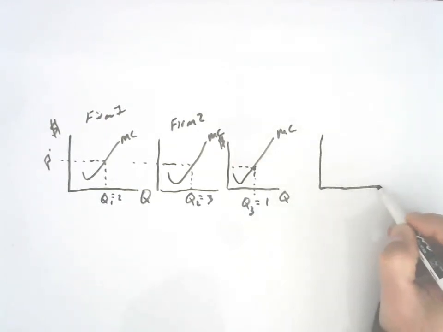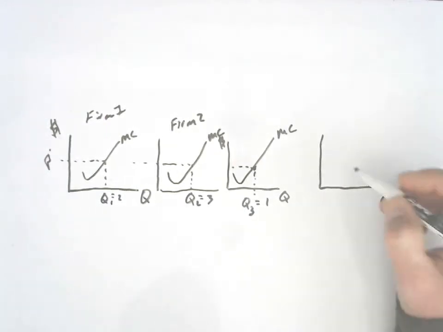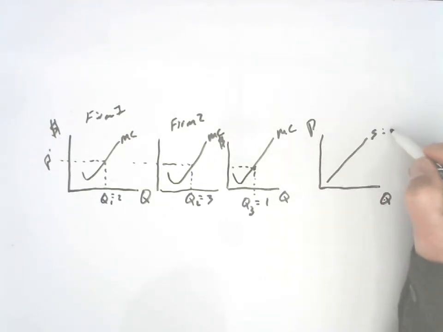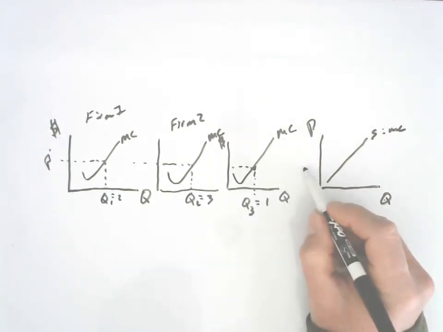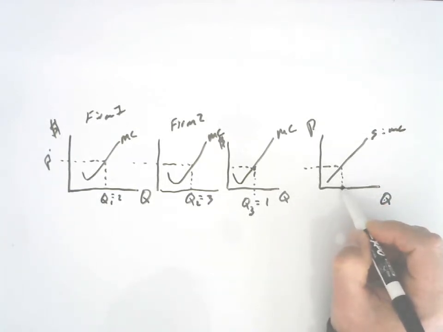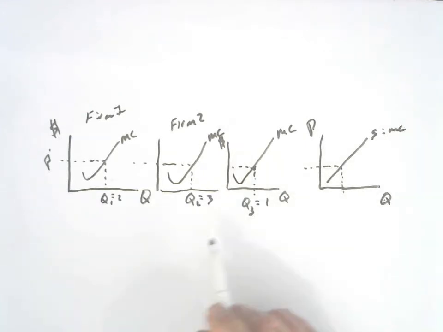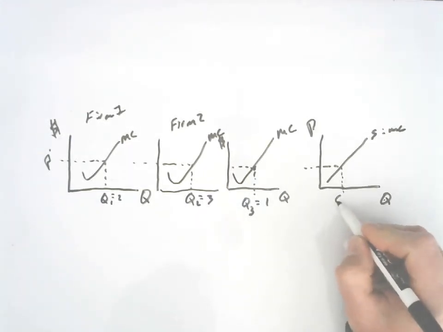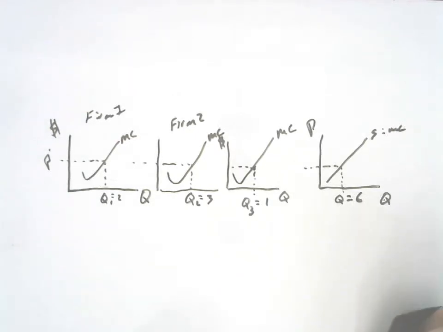Over here in the market, then that means at that price level, there is 2 plus 3 plus 1. There is 6 units being produced at that price level. That's the quantity supplied at that price level.